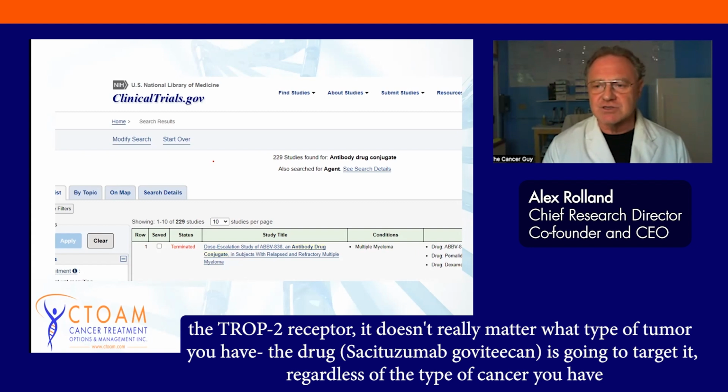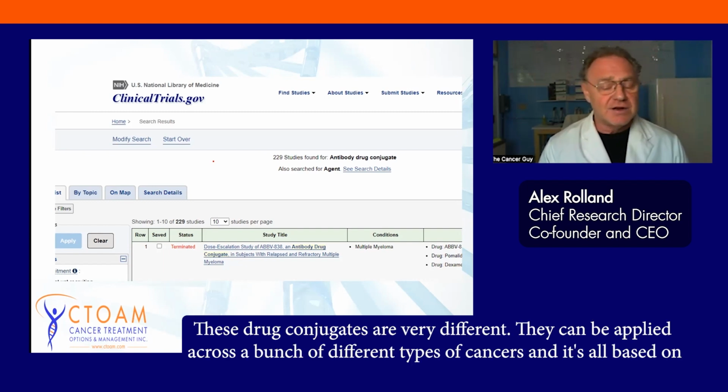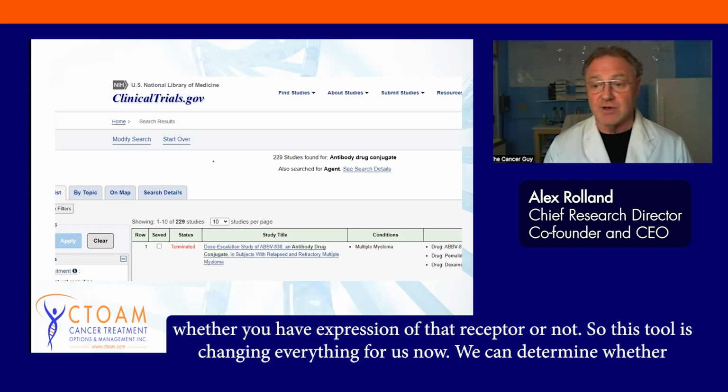This drug, sacituzumab govitecan, is going to target it regardless of the type of cancer you have. So it's very different from saying, well, this drug is approved for breast cancer, but it won't work in lung cancer. These drug conjugates are very different. They can be applied across a bunch of different types of cancers. And it's all based on whether you have expression of that receptor or not.